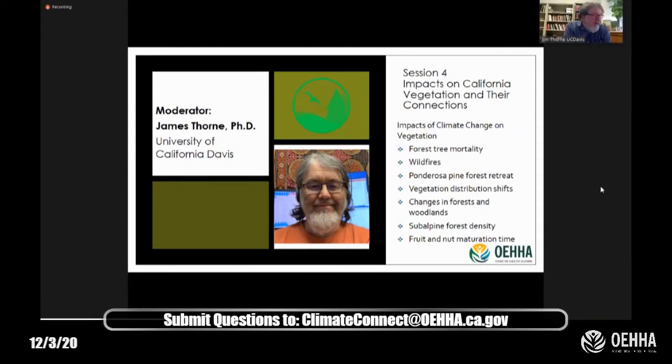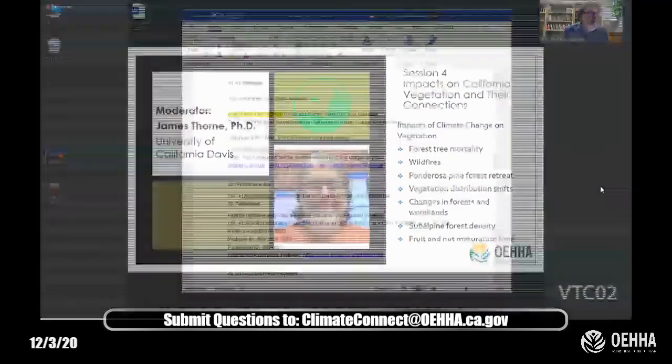Thank you so much, Orit, and welcome everybody to the session on impacts of California vegetation and their connections. I'm going to take a few minutes for introductory remarks. I'm quite interested in the connection between science and policy, as Dave Ackerley so nicely pointed us to, and also to practice.